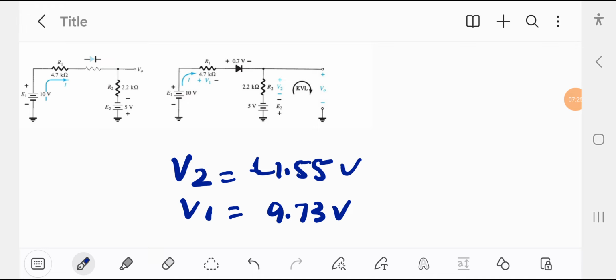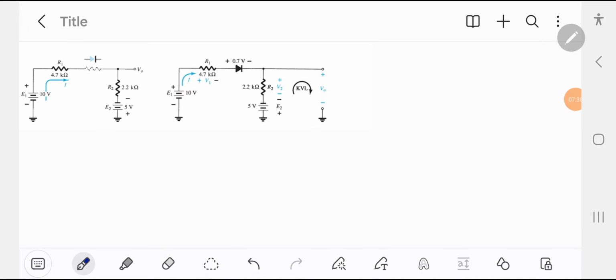Now the last term we are going to find is V0, which is the last term here in this case. Now what will happen here, when we are going to find V0, we will apply the Kirchhoff voltage law across loop 2.